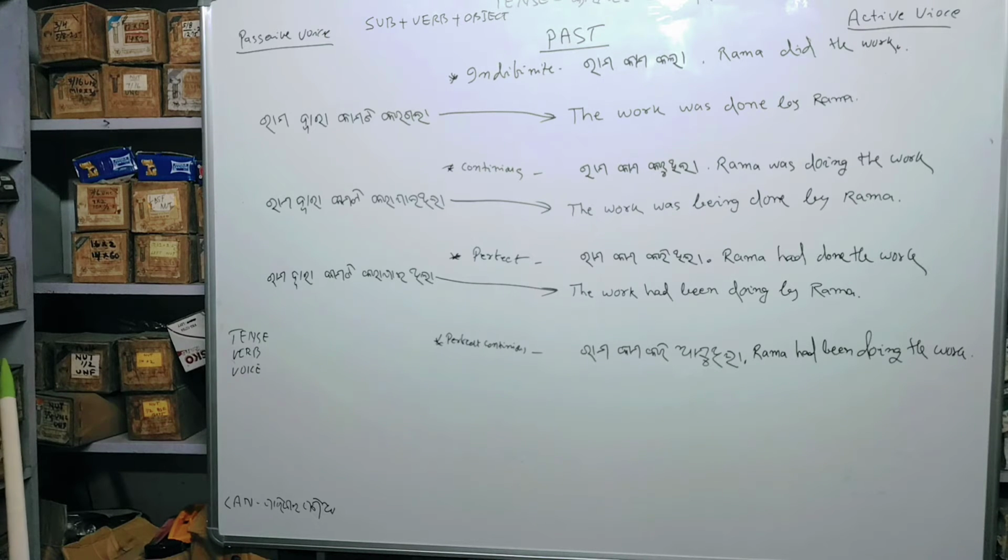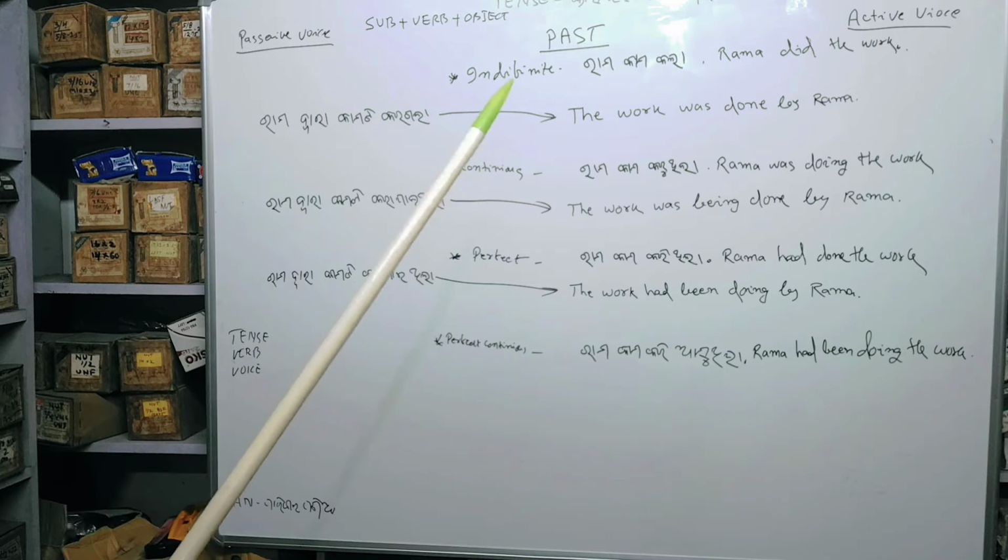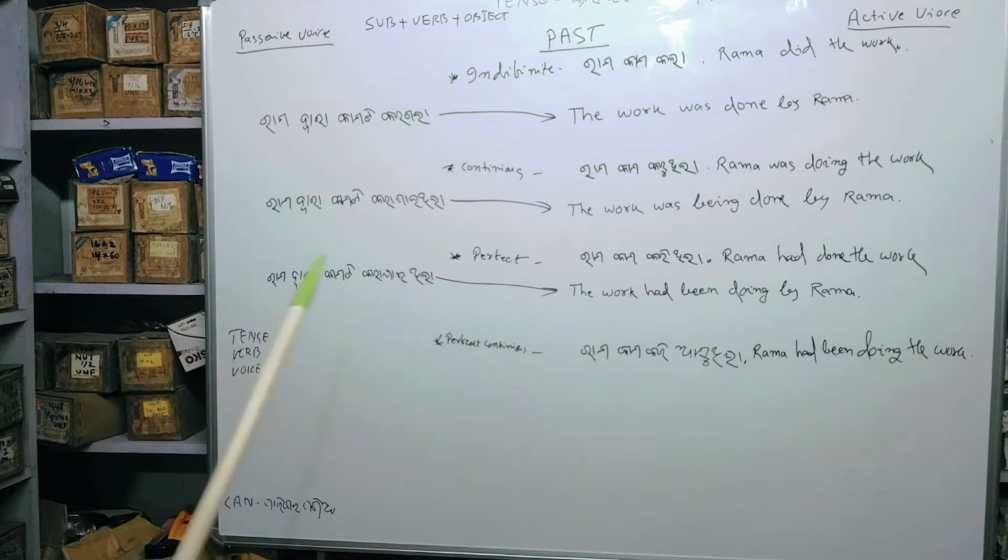In which tense we are, which type of verb we have to use, and in which voice we are, whether active voice or passive voice. It is very easy to use passive voice. Sometimes it is needed at the time of speaking. So we have finished active voice to passive voice and the past tense total.